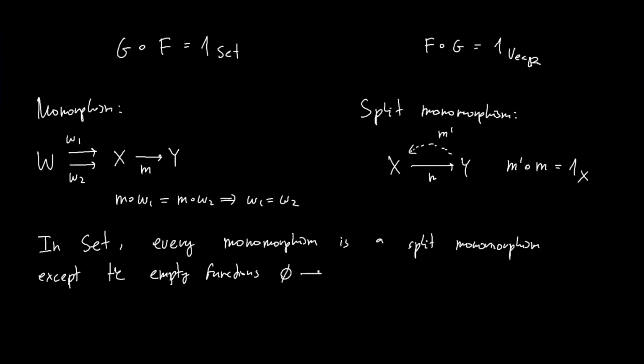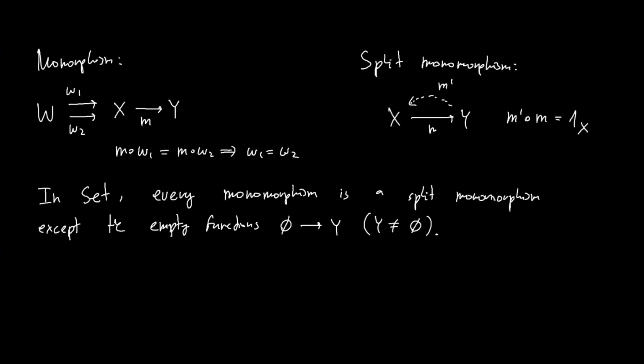So the functions that go from the empty set to some other set Y. These functions are not split monomorphisms simply because there's no way to go back. From a non-empty set Y, we will not have a function to the empty set. Of course, if Y is empty, then we still have one.